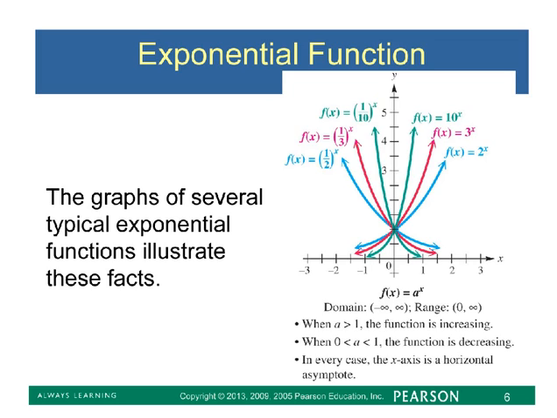And then also when a is between 0 and 1, so something like a fraction, we have a decreasing exponential function. So it's flipped across the x-axis and it looks like this. One of those graphs there. And then, like I stated, in every case of these exponential functions, the x-axis is the horizontal asymptote.